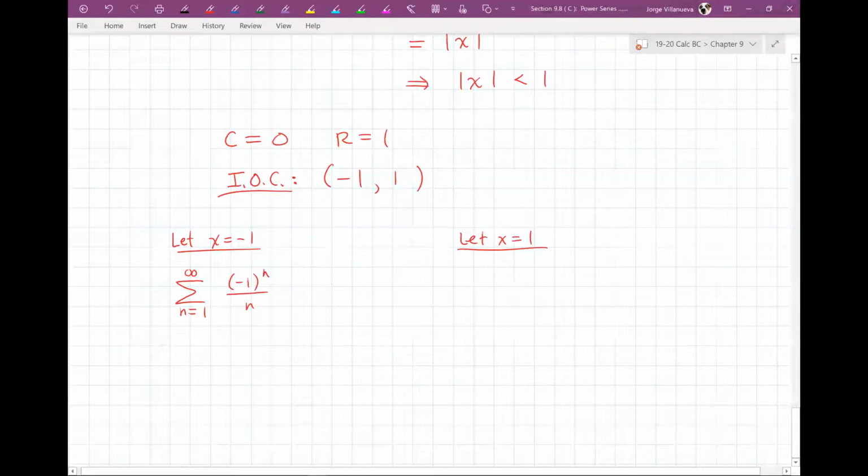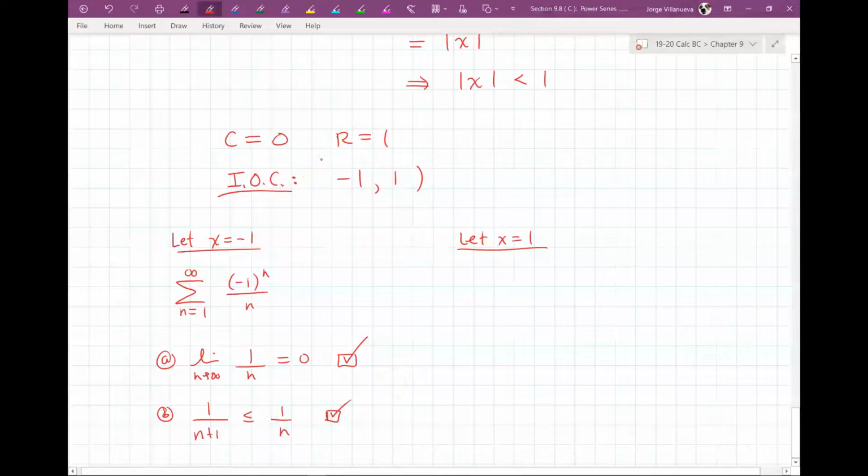Alternating series test, is it going to converge or diverge? Let's see. A says the limit as n goes to infinity of 1 over n should be 0. That checks. 1 over n plus 1 should be less than or equal to 1 over n. Also checks. So that converges.